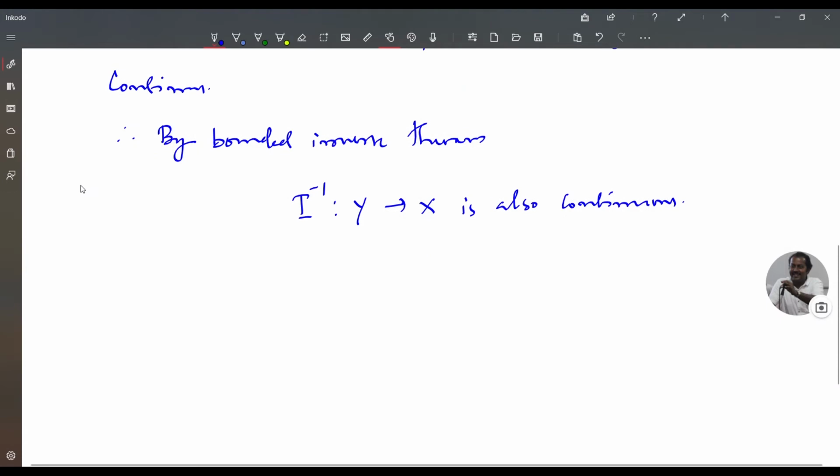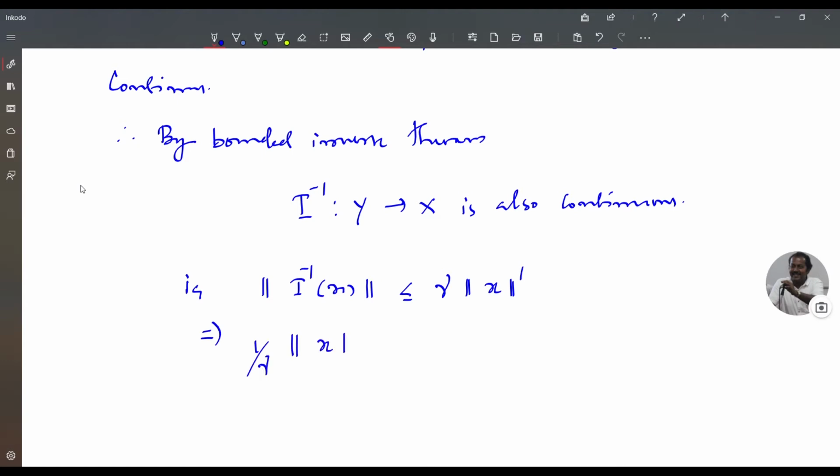That is, norm of I inverse of x is less than or equal to gamma times norm dash of x. So this implies 1 by gamma times norm of x is less than or equal to norm dash of x, and this is less than or equal to alpha times norm x. So let beta equal to 1 by gamma.